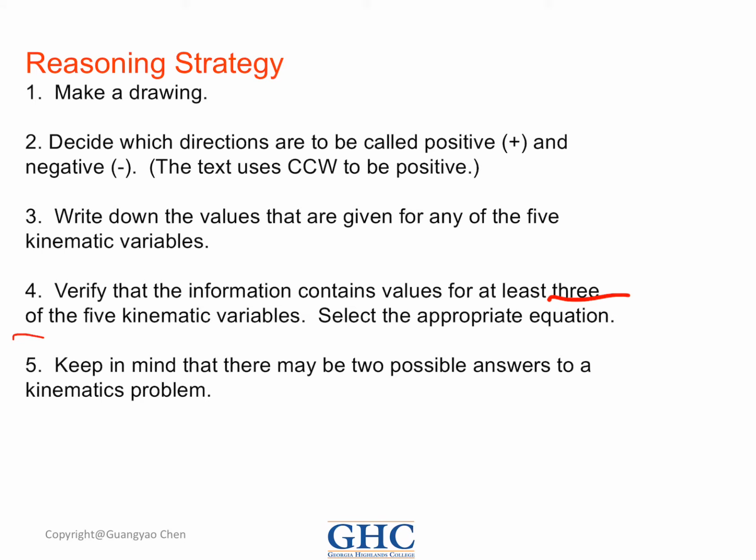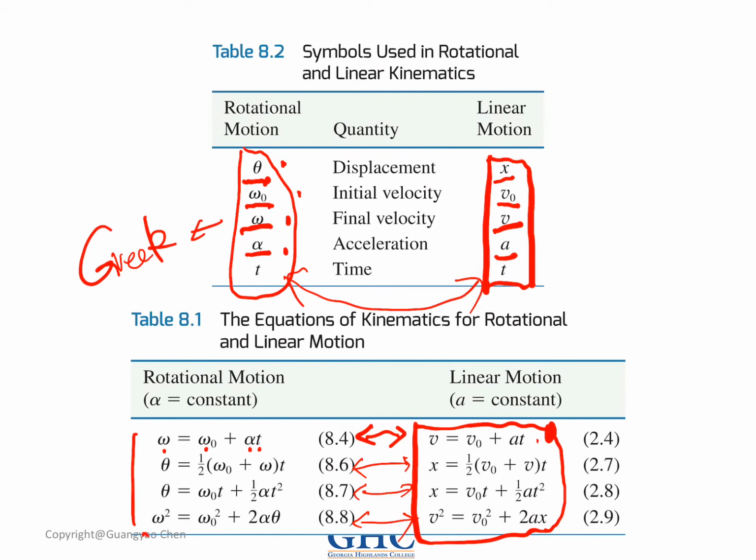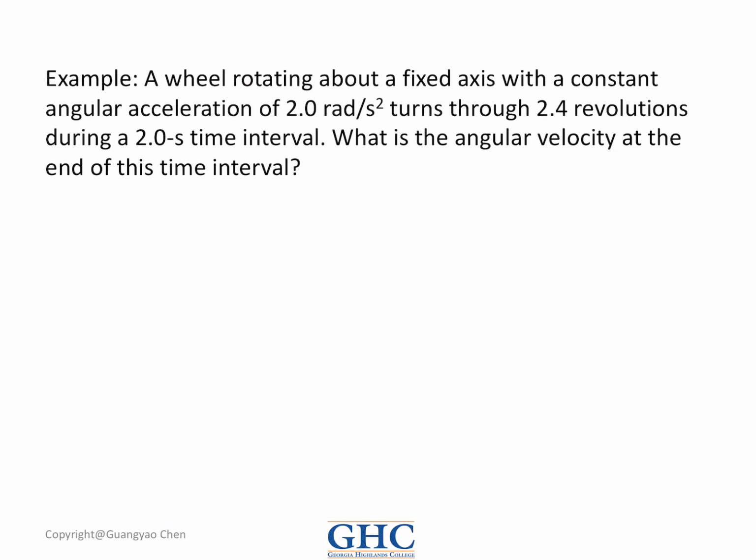After you find these three, you should pick an equation that relates the three known quantities to the quantity that the problem is asking for. Sometimes you might have two possible answers, especially if you are using the last kinematic equation, because it is quadratic. If you take a square root, you might get two answers.